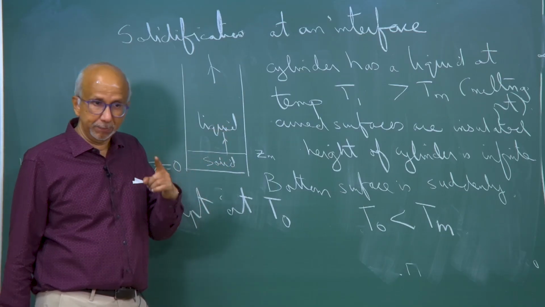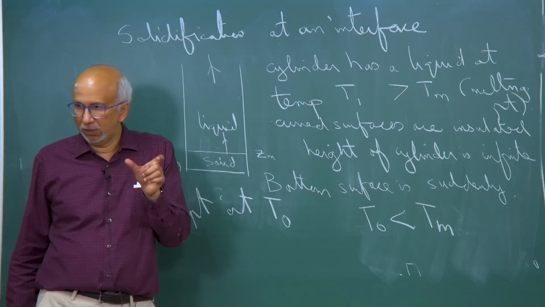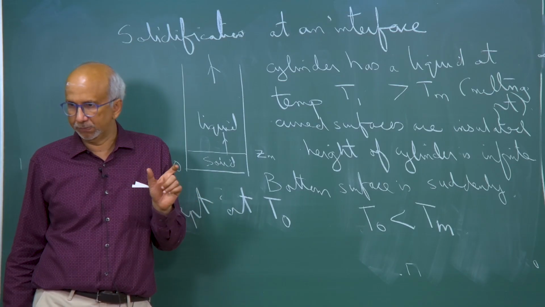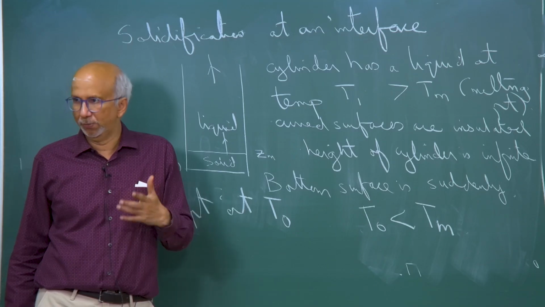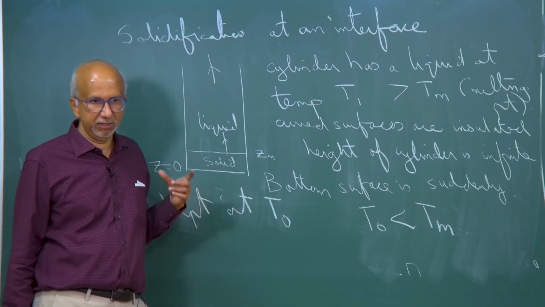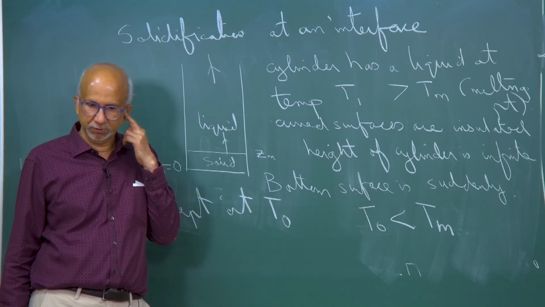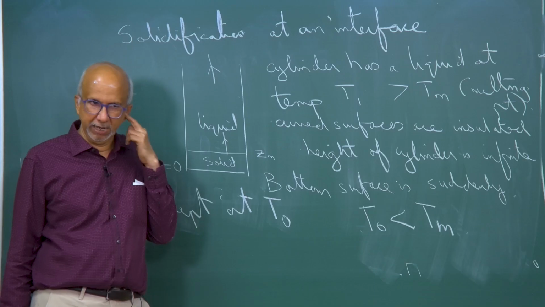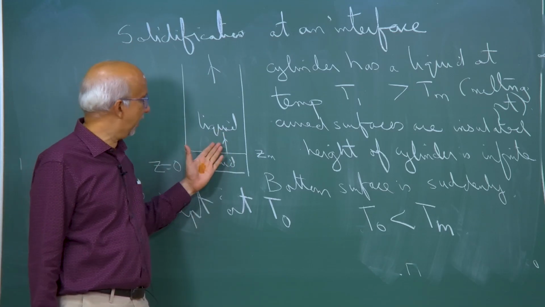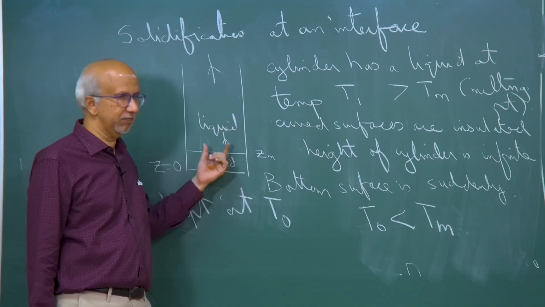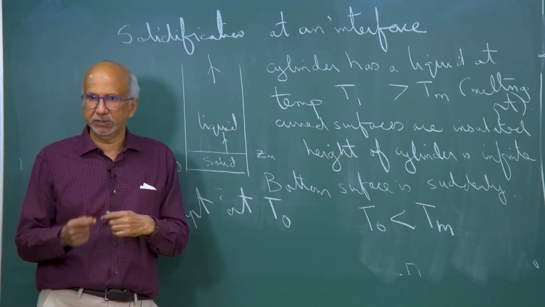But in the solid, the only mechanism of heat transfer is going to be conduction. Okay, there is no movement. So as far as the solid is concerned, there is only going to be heat transfer because of conduction. In the liquid, I will have conduction and convection. Why? Because whenever there is a phase change, there can be change in the density.